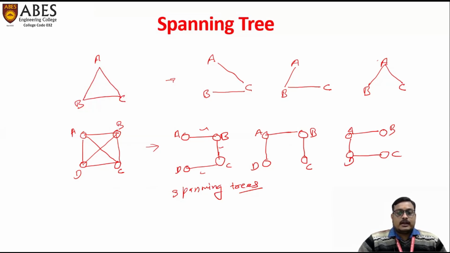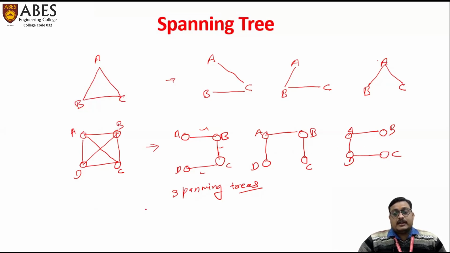So basically, this is a connected component of the graph. So if a graph is disconnected, it is not possible to create a spanning tree. So it is a very important factor here. So how can we find out a spanning tree? We'll see in the next part. We can see there are multiple spanning trees possible.